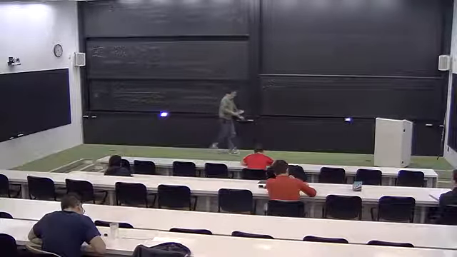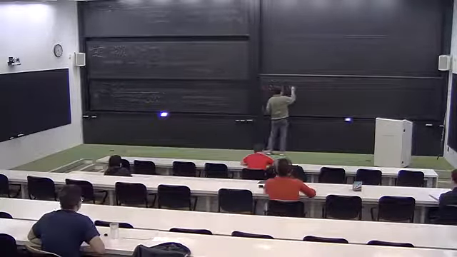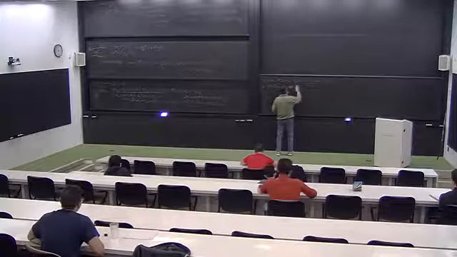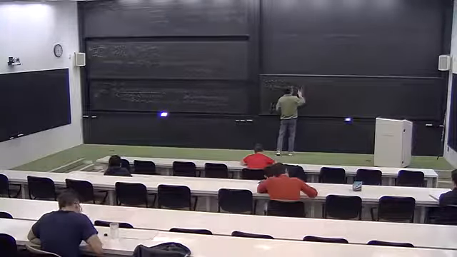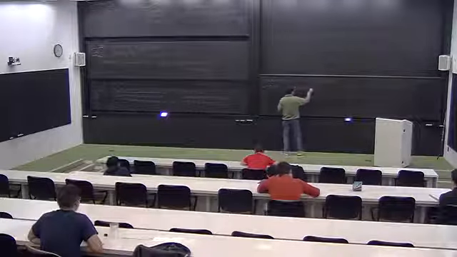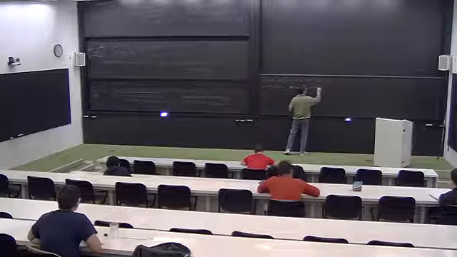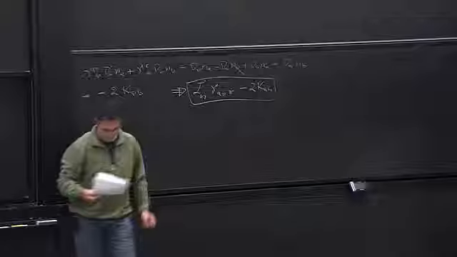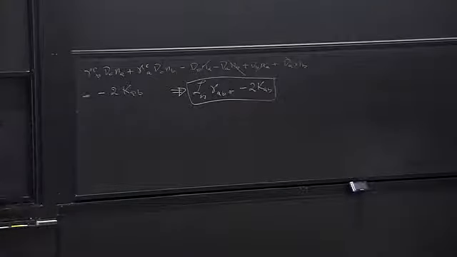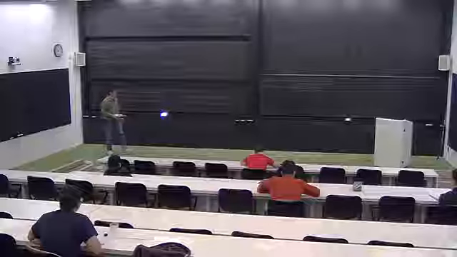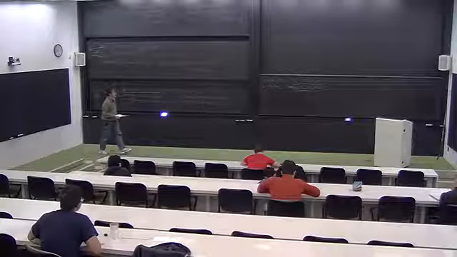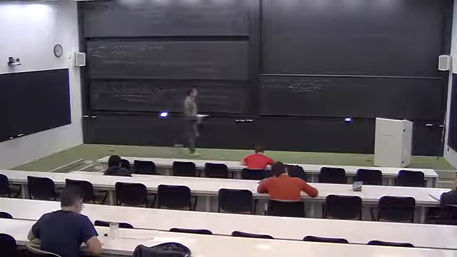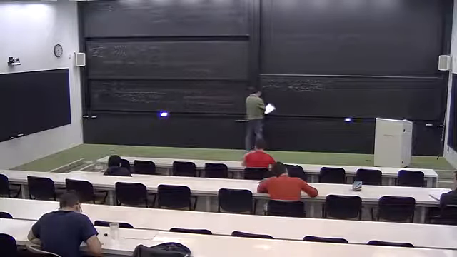So this implies that we can also write the extrinsic curvature as the Lie derivative along the normal vector with a minus 2. So that's one useful relation, which we can make more explicit if we realize the following.